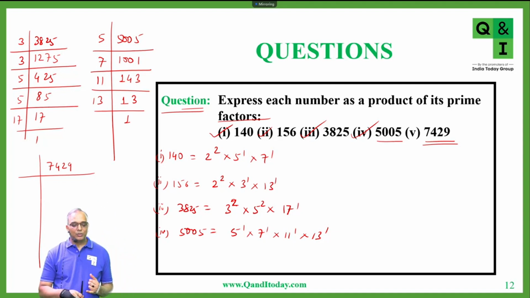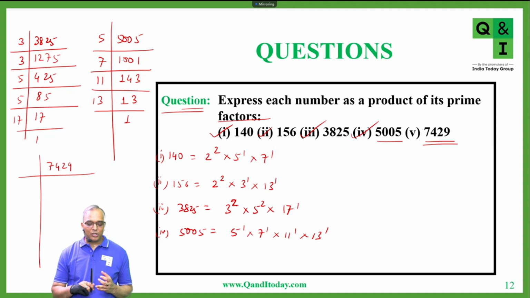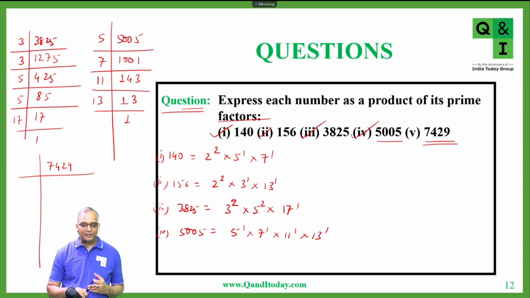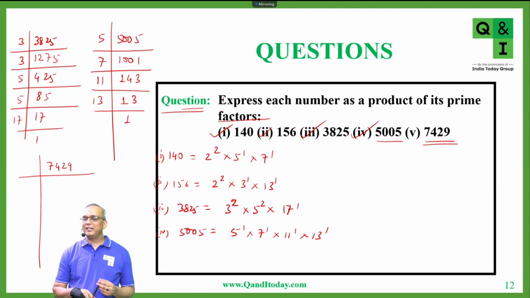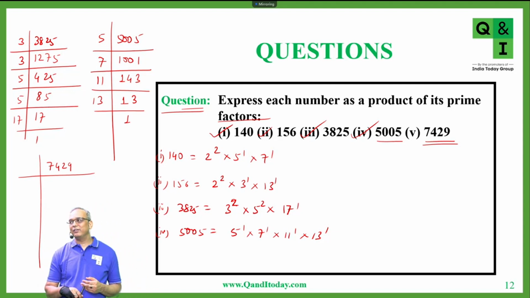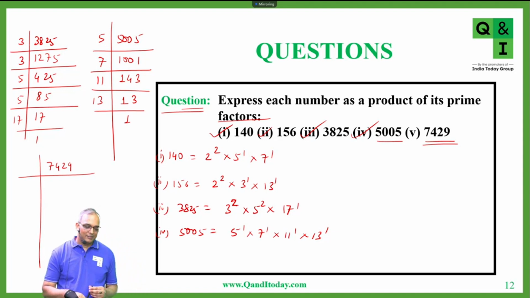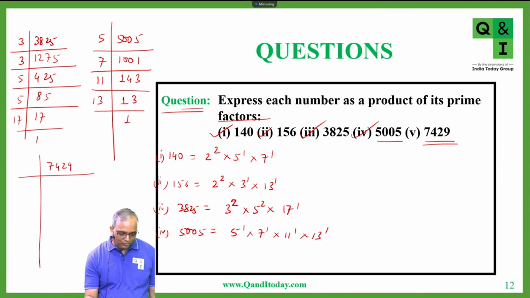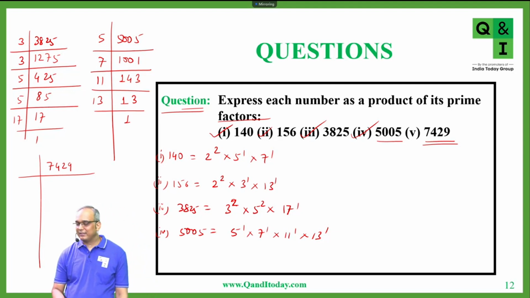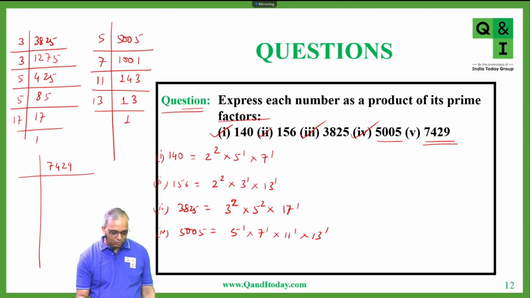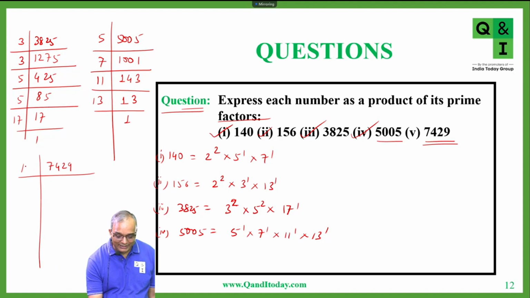You check it, it's not divisible by 2, neither by 3, nor by 5, not by 7 also. Check it for 11, 13, 17, and then you will come to a point. When you divide it by 11, it's not divisible by 11, neither by 13. So when you divide it by 17, right?